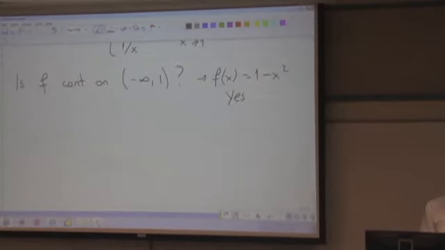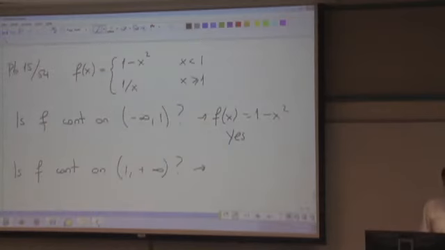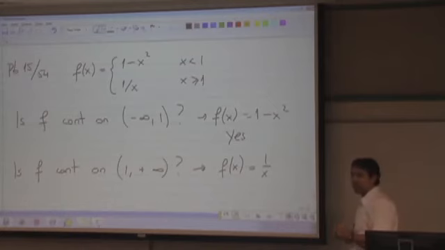How about, is f continuous on the interval 1 to plus infinity? Well, f of x is 1 over x on that interval, right? What's the domain of 1 over x? It can't equal 0, right? Everything outside of 0?